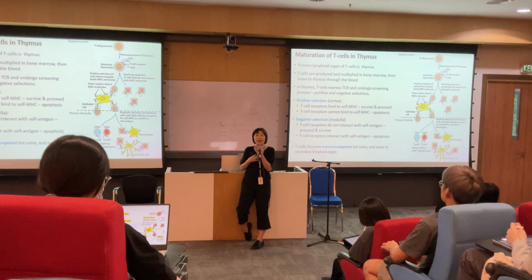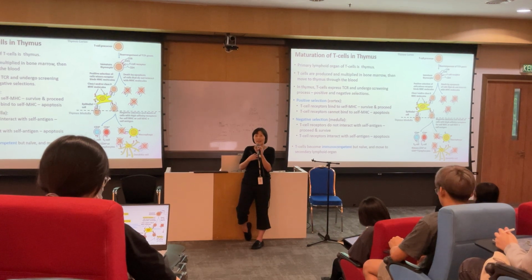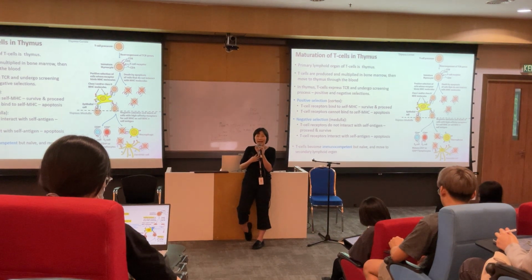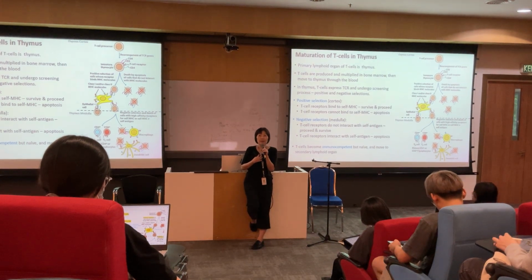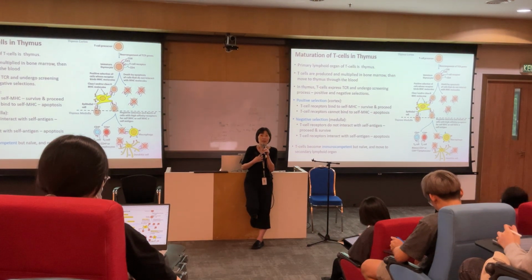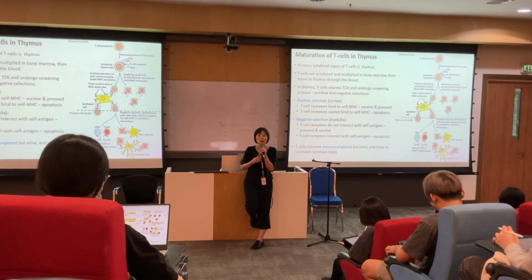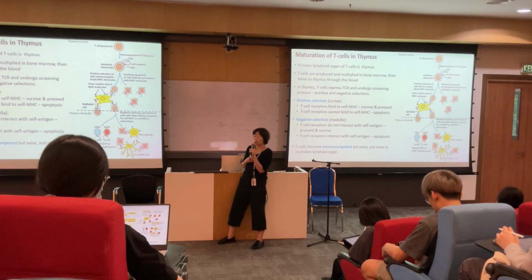So of course, our T cells and B cells should not target those own cell proteins. They can only target foreign protein or foreign molecules.